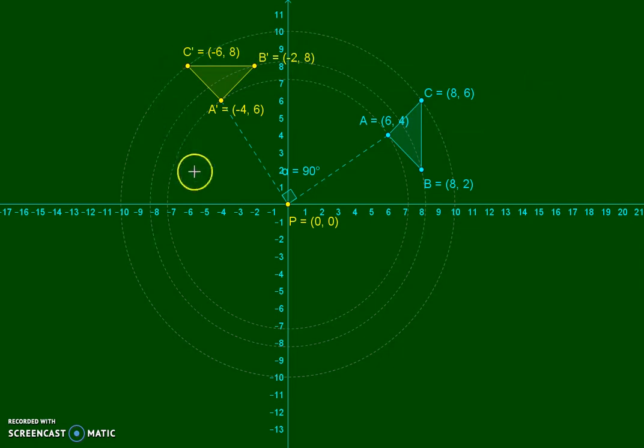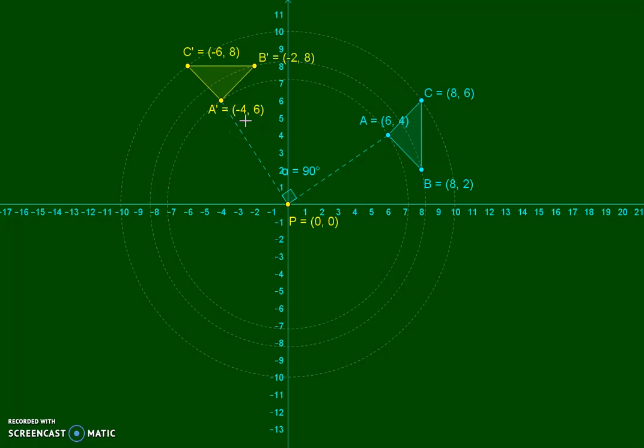Now the critical factor here is, let's take a look at what's happening with these points. Now notice, through a 90-degree angle, we have that concept of perpendicularity going on again. Notice what happened. The X went to Y and the Y value went to X. The difference is that the Y value over here went to X but became negative.